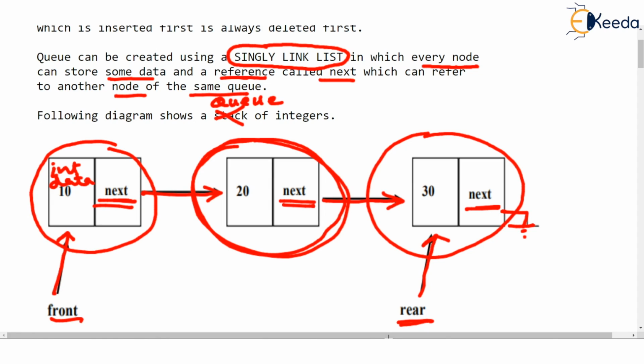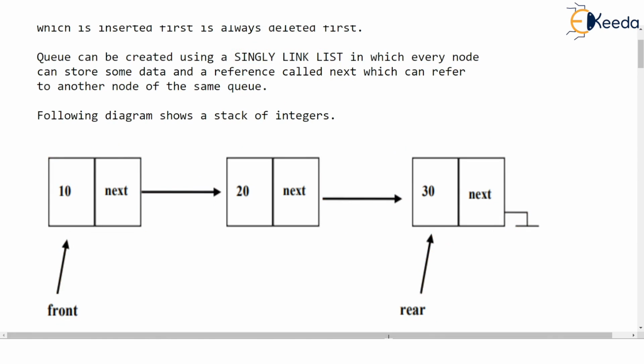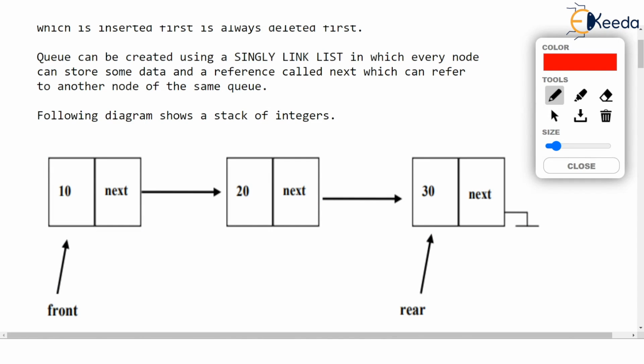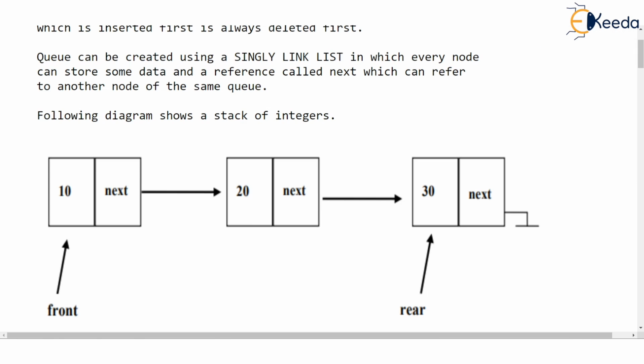Well, you recall the diagram of stack. Let's say that the user enters 10 first in the stack I'm talking about. Forget about queue for some time. Suppose the user enters 10 first, then 20, and then 30. That is push 10, push 20, push 30.